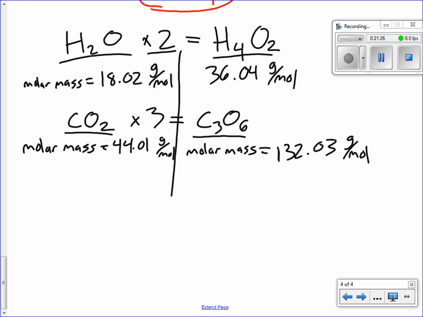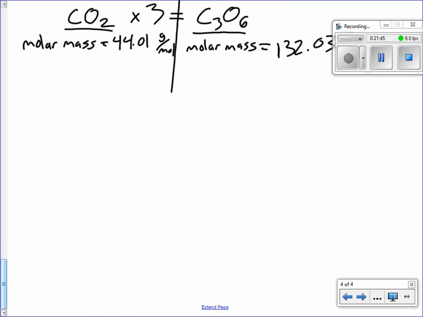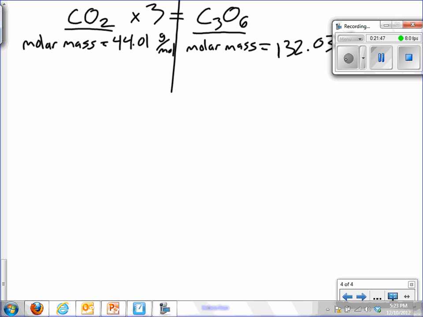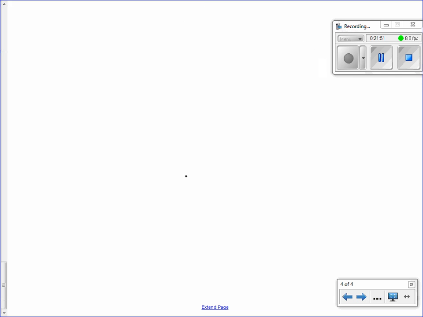Okay? So this is the first important thing to understand when you're talking about empirical versus molecular formulas. Okay, we're going to do a couple calculations, which are really simple when it boils down to it, but the important thing is understanding why and what you're doing when you're doing this calculation. So let's say we have a problem like, something like, let me go down a little bit.